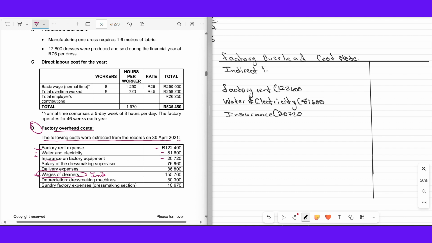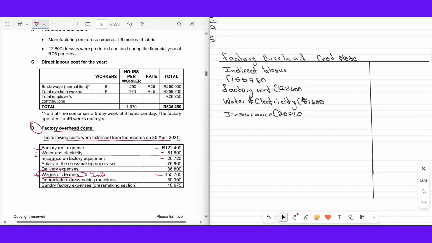How much is it? 155,760. So remember I told you that under factory overhead cost note, we record indirect labor and indirect material. So you can just even write wages to cleaners. It's also fine. So now I need us to record all the expenses that we have.